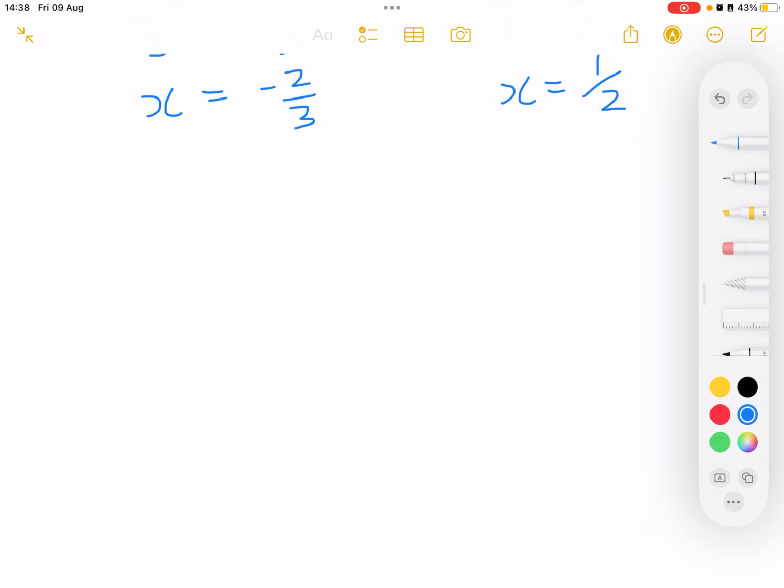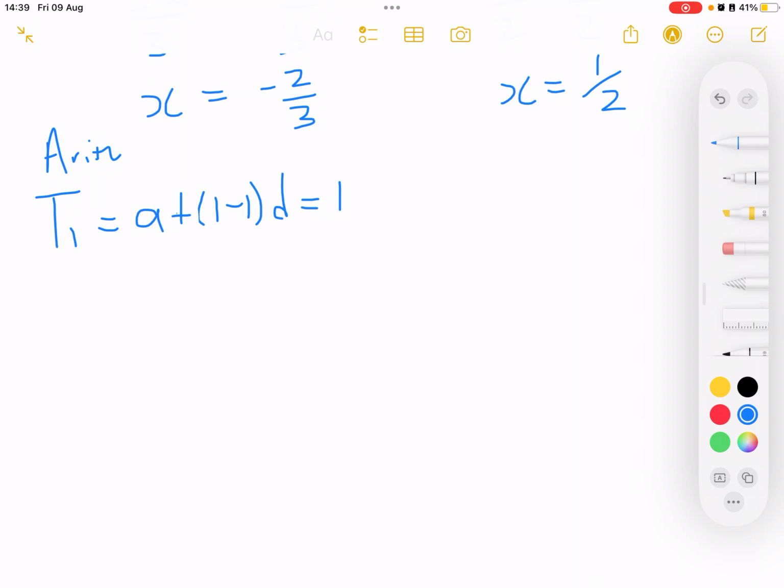The first term, let's look for arithmetic. T1 is equal to a plus n minus 1 d, and we substitute n as 1, so a plus 1 minus 1 d, which is equal to a.